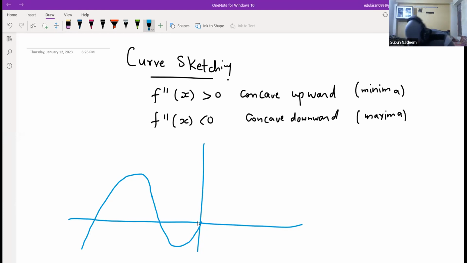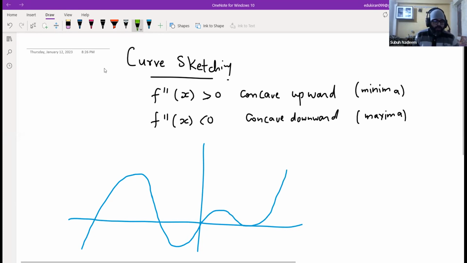Then it goes like this. Then it goes like this. So if you observe different regions, this is a point where change occurs. This is a point where change occurs. This is some point where change occurs. What is that change? Just see.